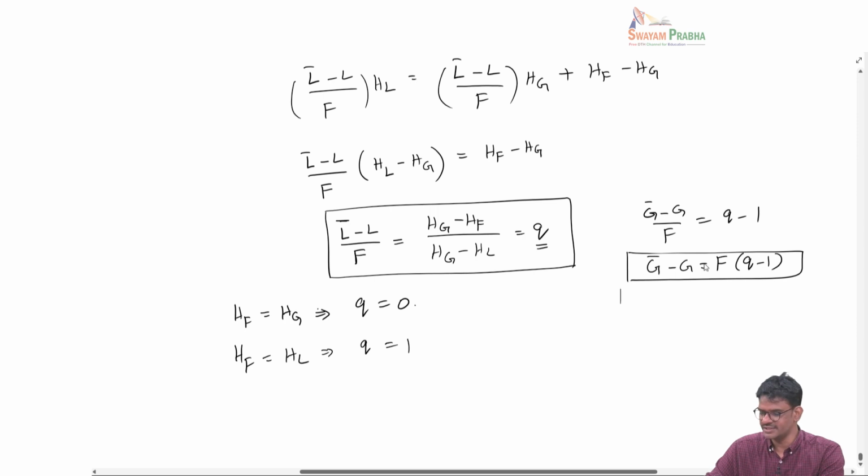So G bar minus G would be 0, that is G bar is G. Let's say Q is 0, then G bar minus G is just minus F. That would be nothing but your feed being entirely vapor; it is only changing the vapor flow rate but not the liquid flow rate. But if Q is between 0 and 1, it will affect both L and G. That is something you can obtain from this equation and this equation. To what extent the liquid and vapor flow rates are affected by the feed is given by these sets of equations.